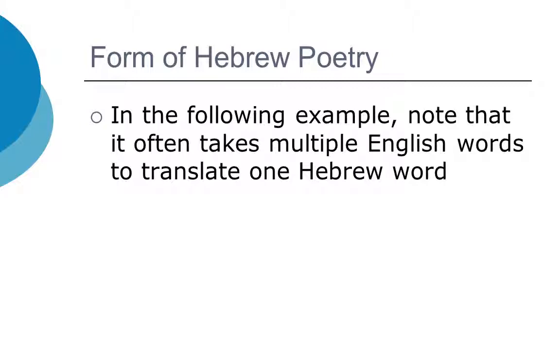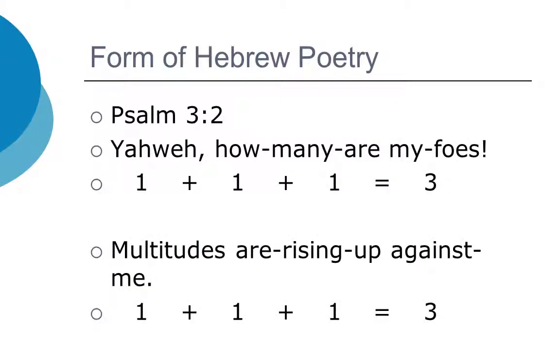Just to give you an example of this in English, of course it takes multiple words in English to translate one Hebrew word, and so you'll note that. Psalm 3 verse 2: Yahweh, how many are my foes? You see what would be in Hebrew three words. Multitudes are rising up against me. Again, what would be in Hebrew three words. So you get the 3+3.